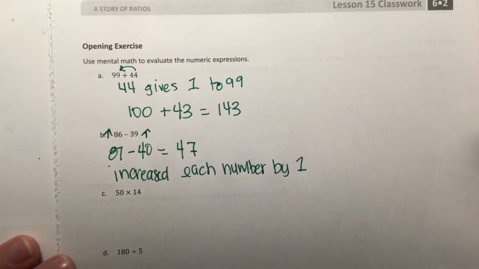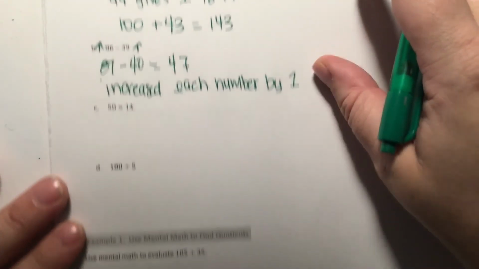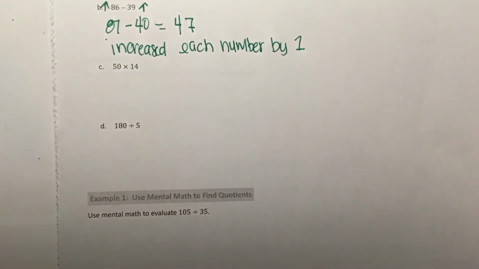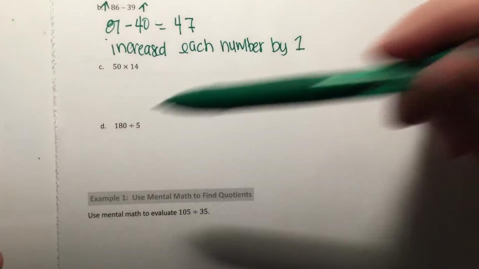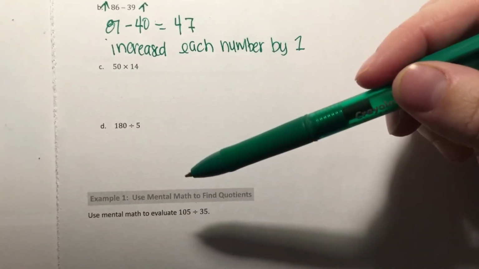Now this one here, this one's a little tricky. For this one, I have 50, okay, multiplied by 14. So here's what I'm thinking. If we double the 50 to 100 and we divide our 14 in half, because we're doubling one side, we're going to divide this side in half.